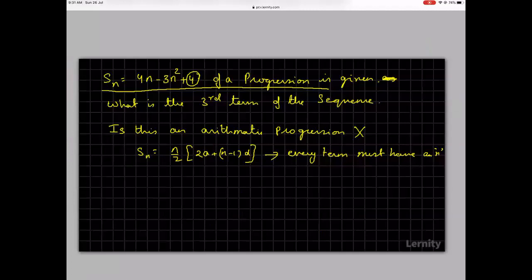Yeah, so this is not an arithmetic progression. So in such cases, the only way you can do it is to find the sum of three terms. What is the sum of three terms? 4 into 3 minus 3 into 3 squared plus 4.